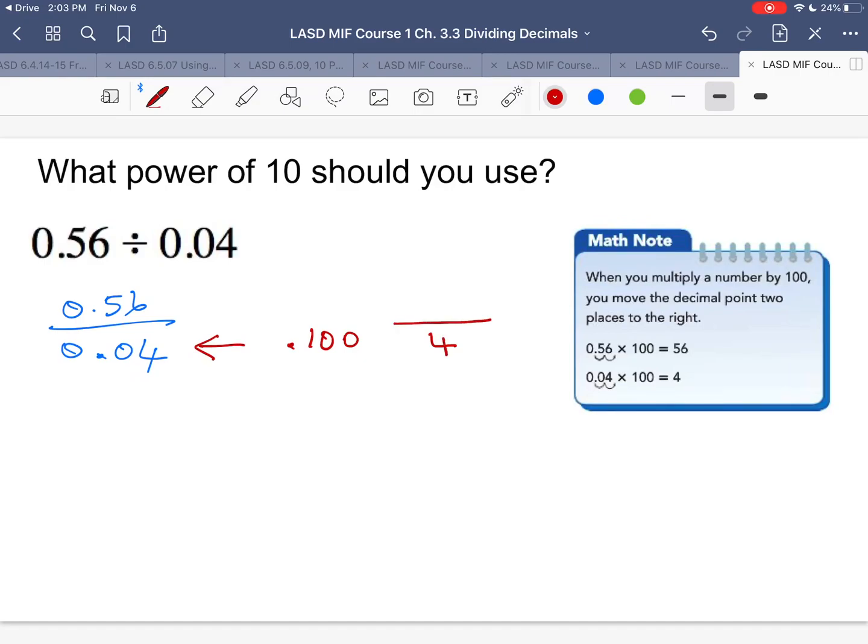But if I multiply the divisor by 100, I've got to multiply the dividend by 100 as well, and I get 56. And 56 divided by 4 is 14. So there are 14 0.04s in 0.56.